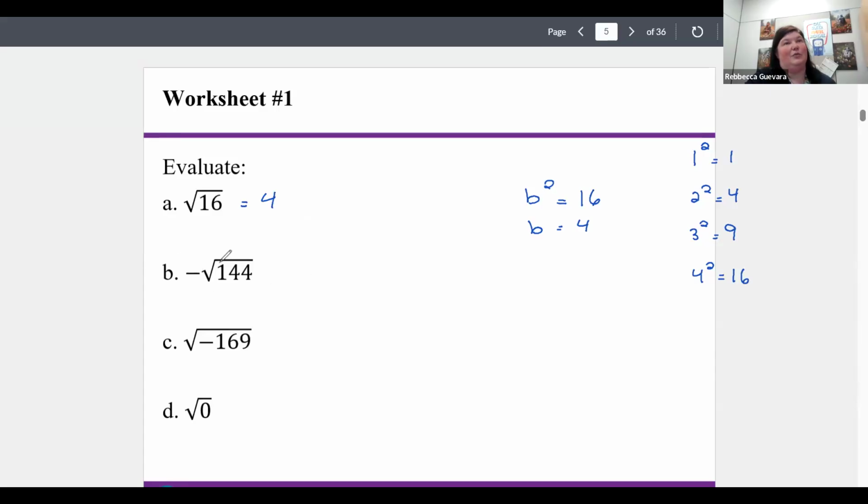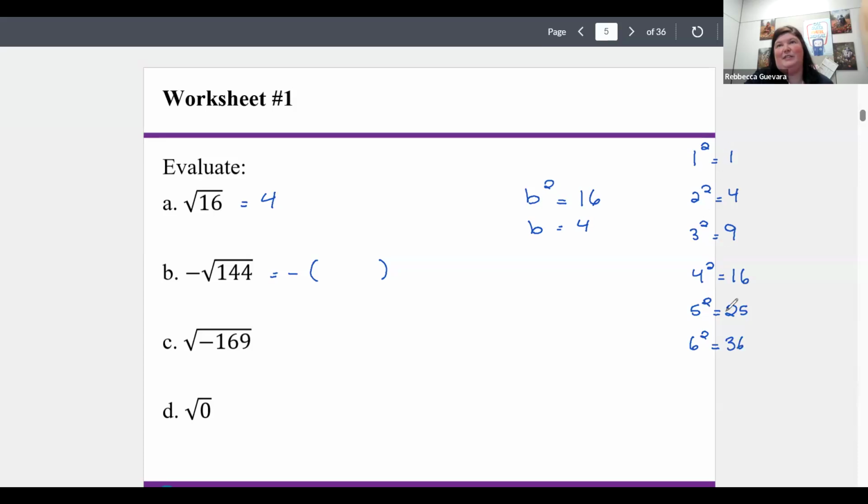Here we got negative square root of 144. Just remember that negative is out front. It's not inside the radical or the square root. So we kept going. 5 squared is 25. 6 squared is 36.